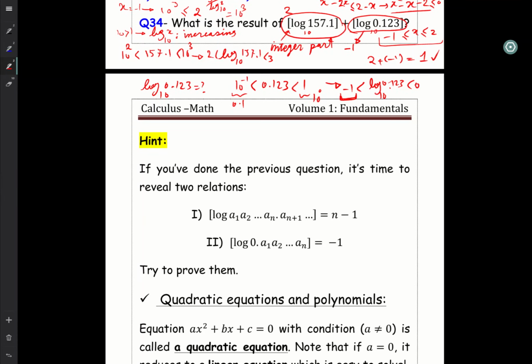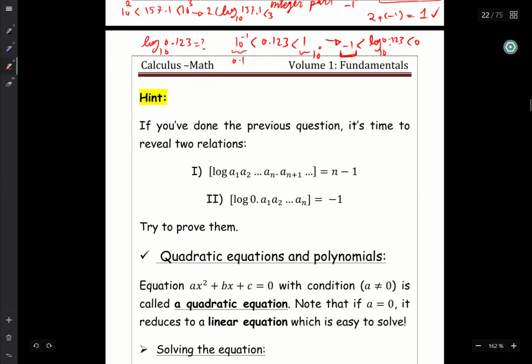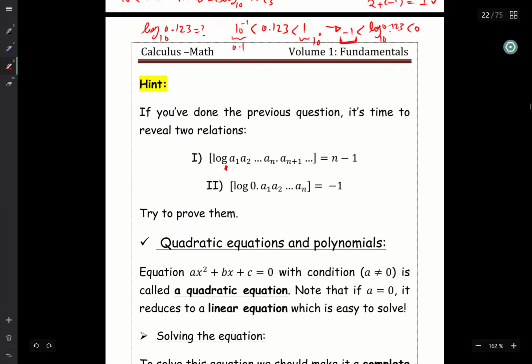Now we can generalize this exercise, and I think it's a good exercise to do. If you've done the previous question, it's time to reveal the two relations. Log in base 10 of some positive number with n digits before the decimal point, and then the decimal point and other terms, the integer part, remember the square bracket is integer part, is n minus 1.